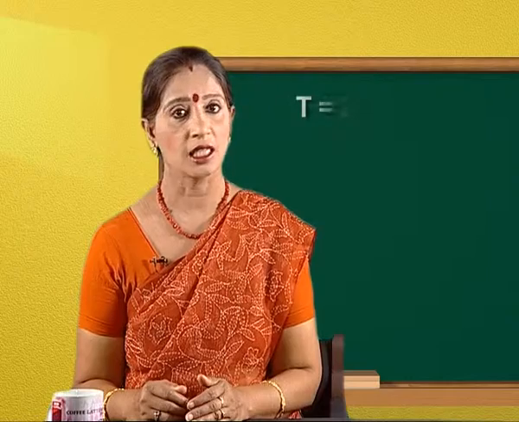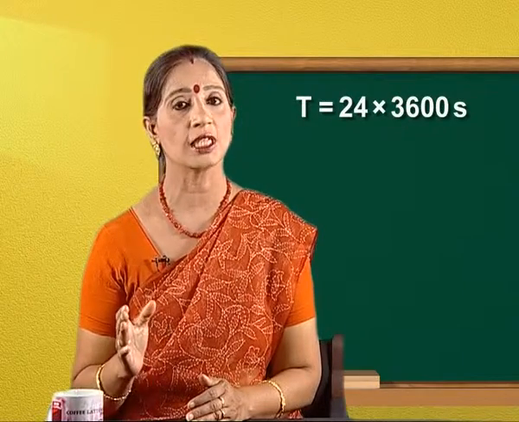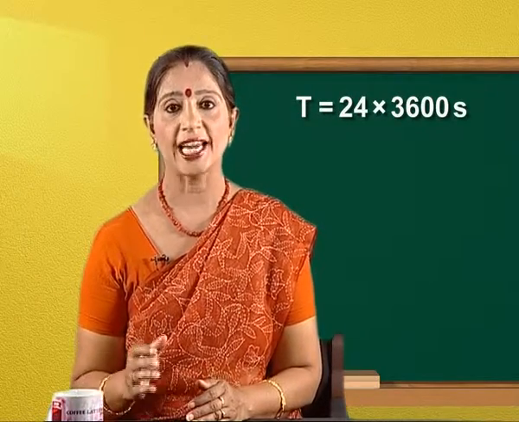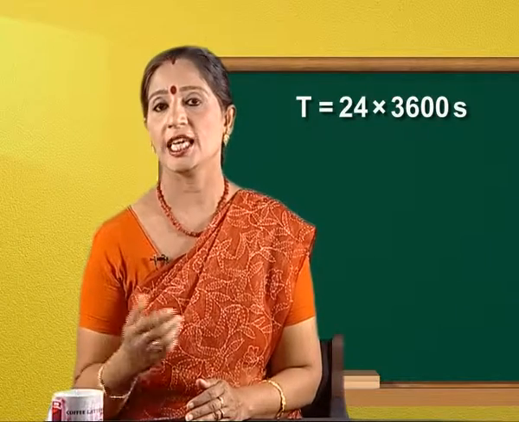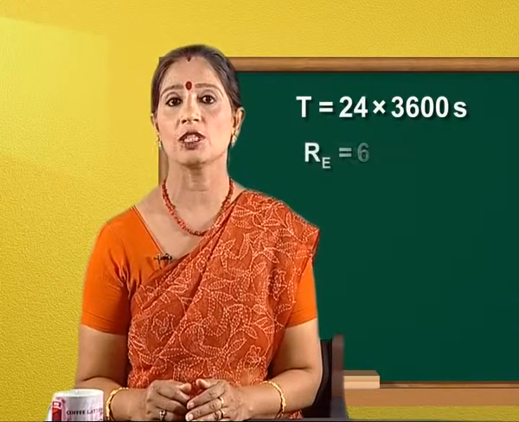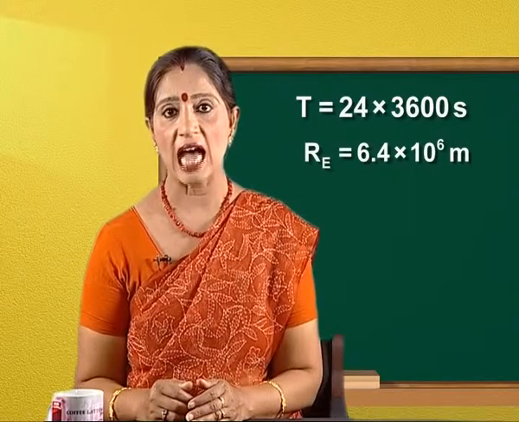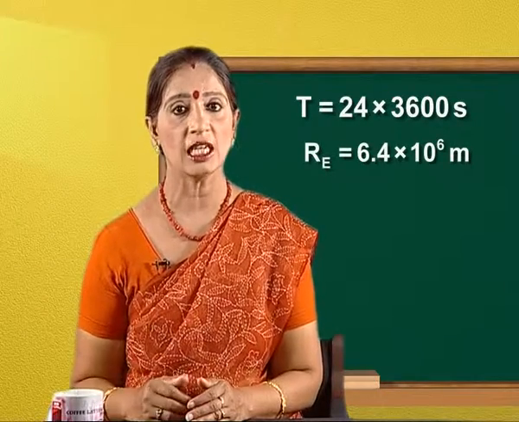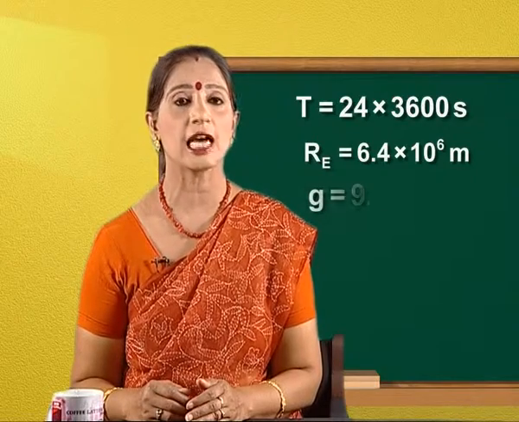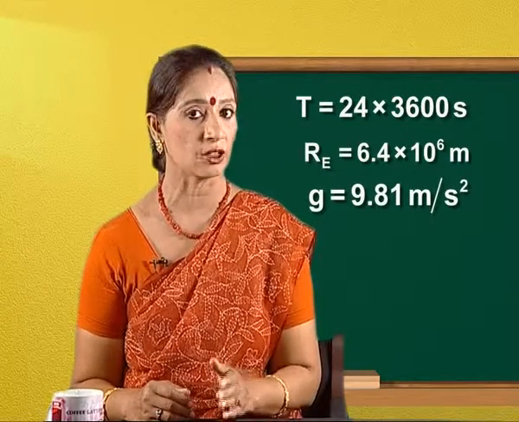Since period of revolution of Earth T is equal to 24 hours, that is 24 into 3600 seconds, radius of Earth RE is equal to 6.4 into 10 to the power 6 meter and acceleration due to gravity at the Earth's surface is 9.81 meter per second square.